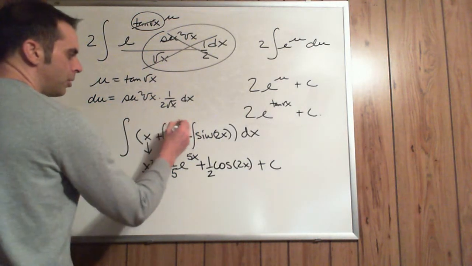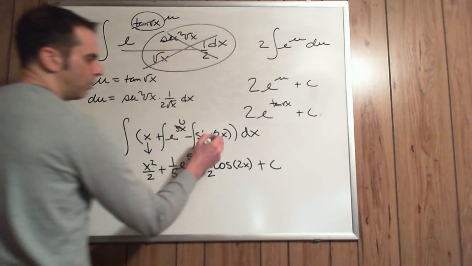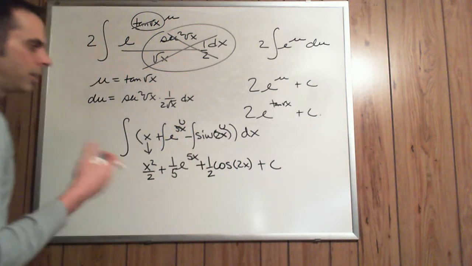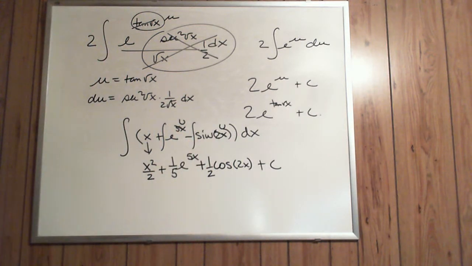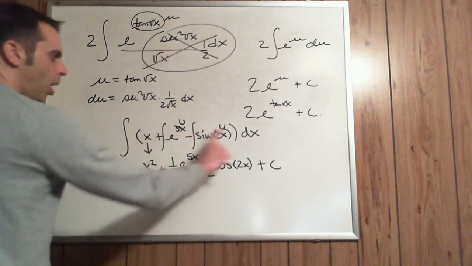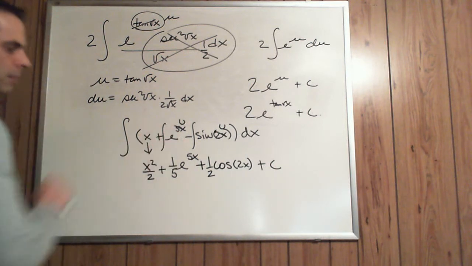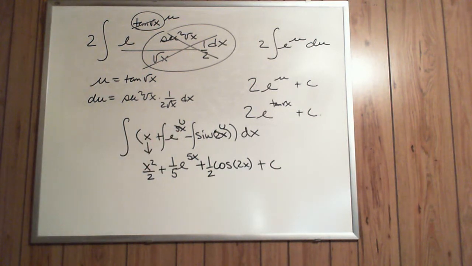Choose this to be your u. du would be equal to 5 dx. Put a 5 in, take out a 1/5. And then likewise over here, you could choose that to be the u. du is 2. Put in the 2, take out the 1/2. So you have to recognize that when you have a quantity, that you can split up the indefinite integral at the pluses and the minuses and take them each individually.